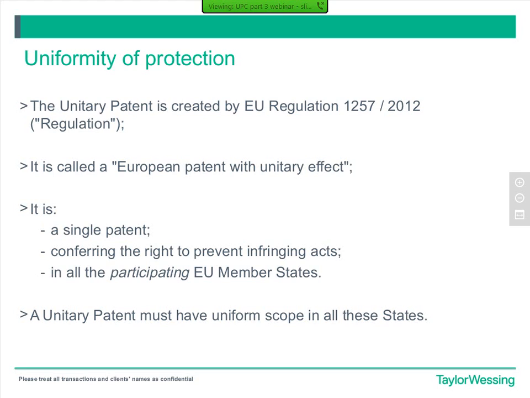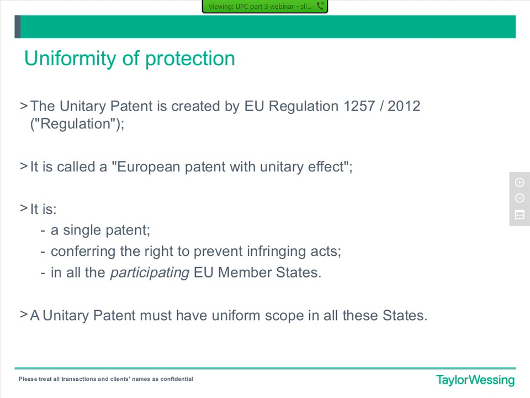The unitary patent has the effect of a single right conferring on its proprietor and licensees the right to prevent a third party from committing the infringing acts that are set out in the UPC agreement in all the participating member states. Please note that the protection provided across the participating member states must be uniform.